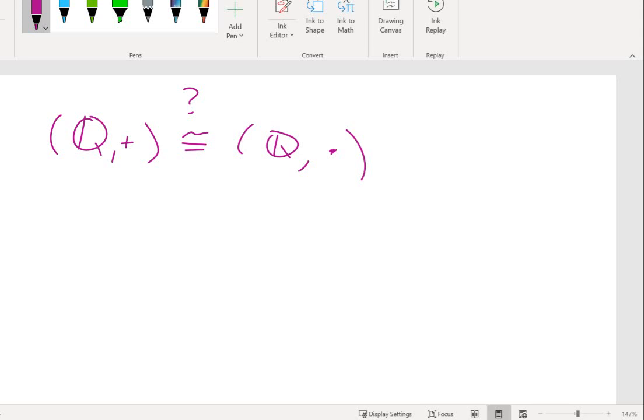So Jasmine, if you had to take a guess, are they isomorphic or not? Well, let's have Paul. Who thinks they're isomorphic? Who thinks they're not? So only one person has an opinion?